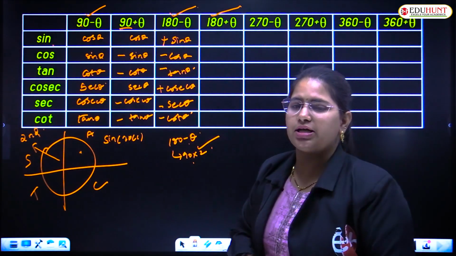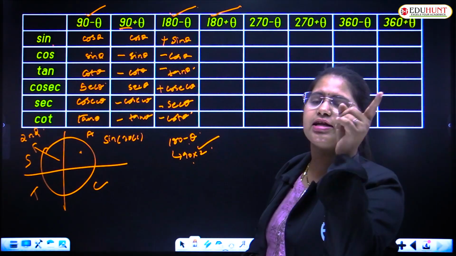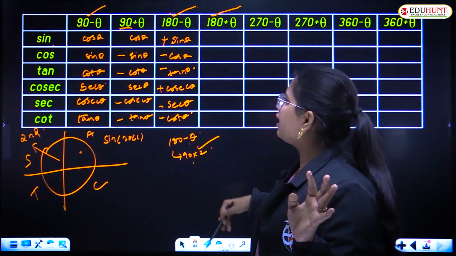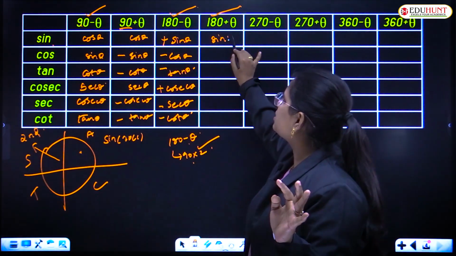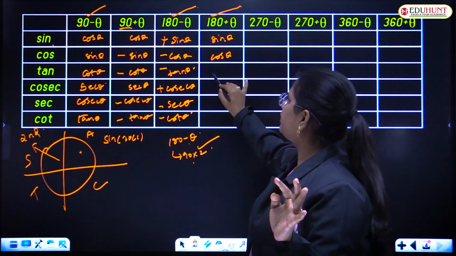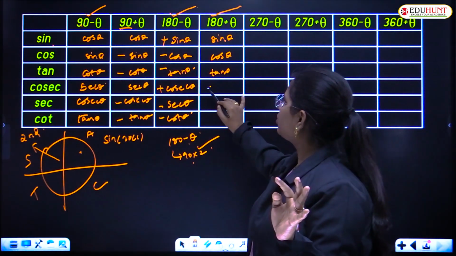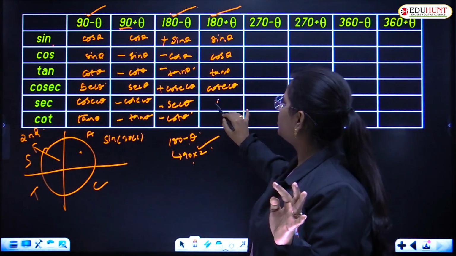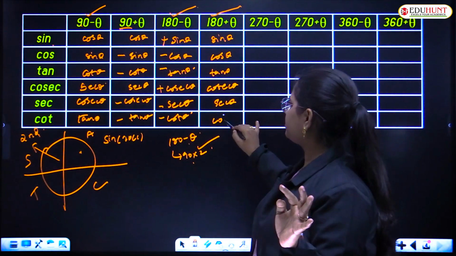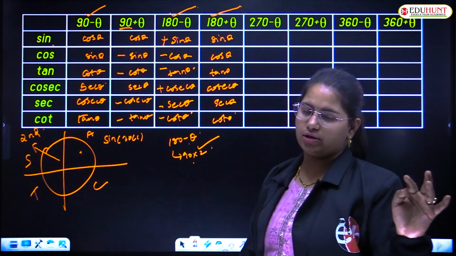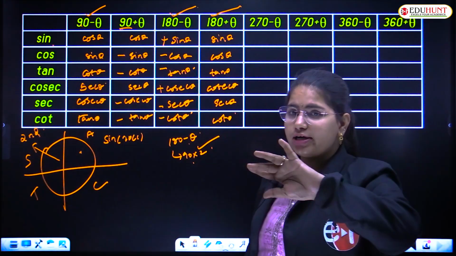Again, it is 180 plus theta. Whenever you see 180, it is an even multiple of 90. As usual, the function will not change. I will write as it is: sine, cos, tan, cosecant, secant, cot. First point is done.